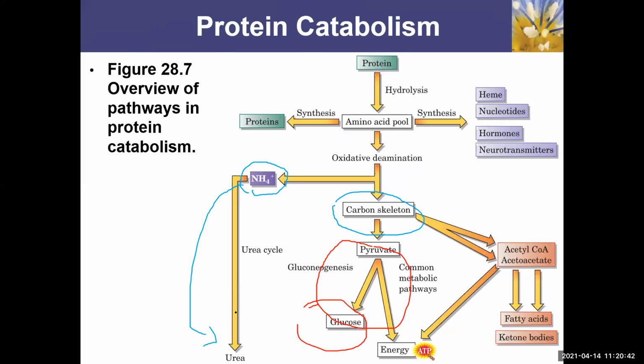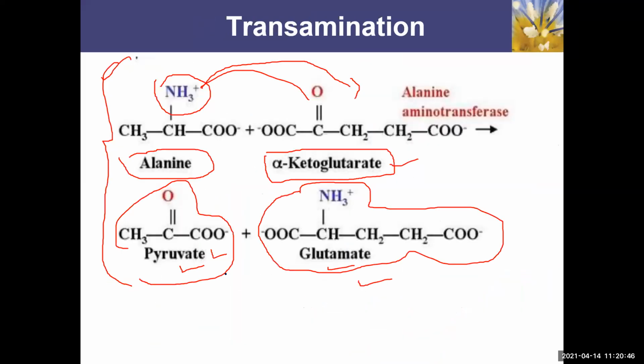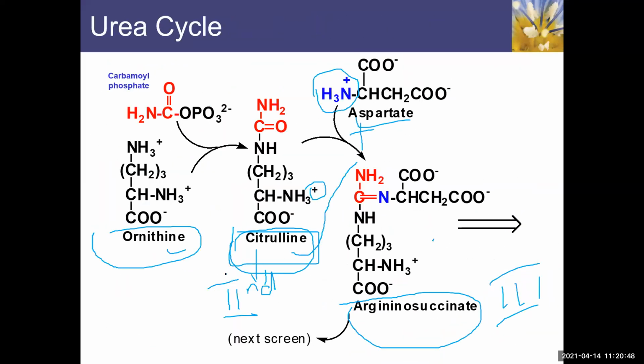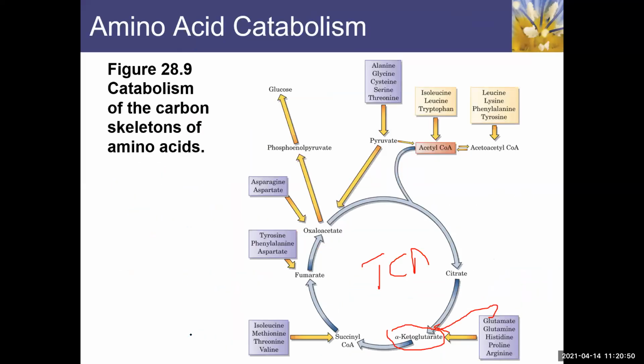Okay, now if you see these amino acids, I told you that these amino acids can be part of various intermediates in the TCA cycle. If you remember, I said that. Let me show you the diagram. This is a TCA cycle, right? And these are the intermediates of the TCA cycle, right?